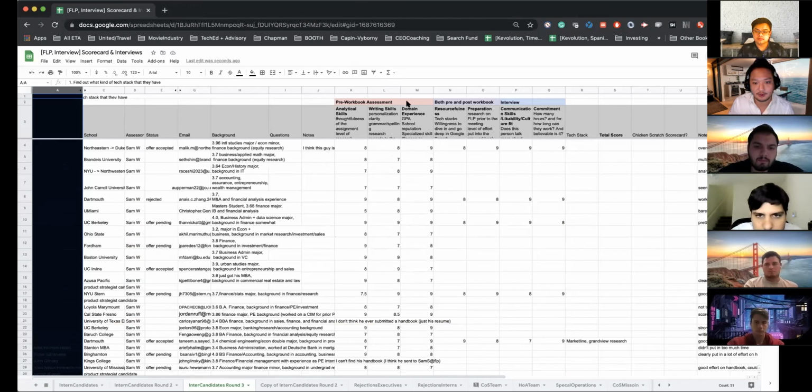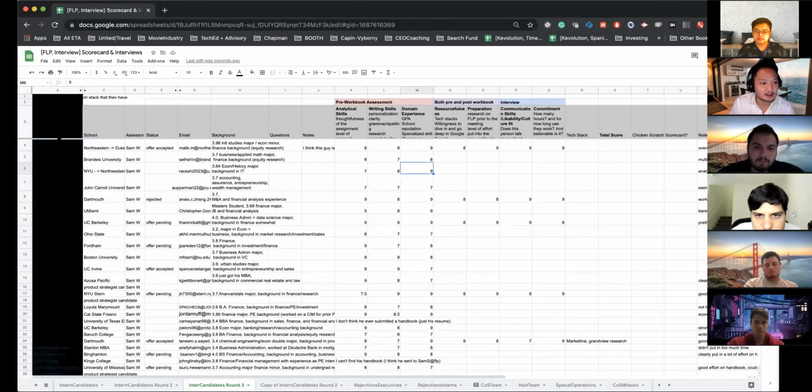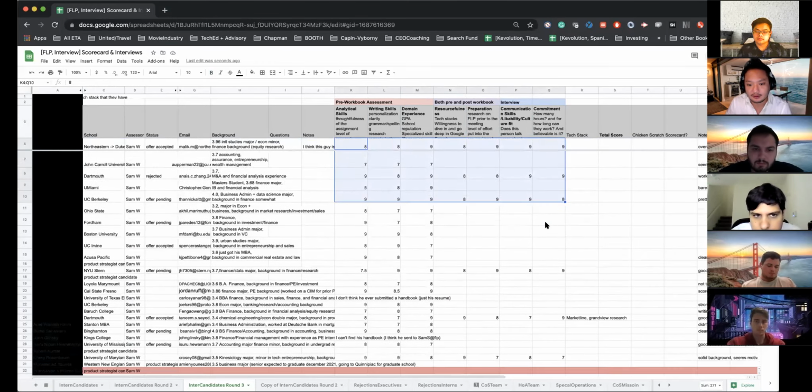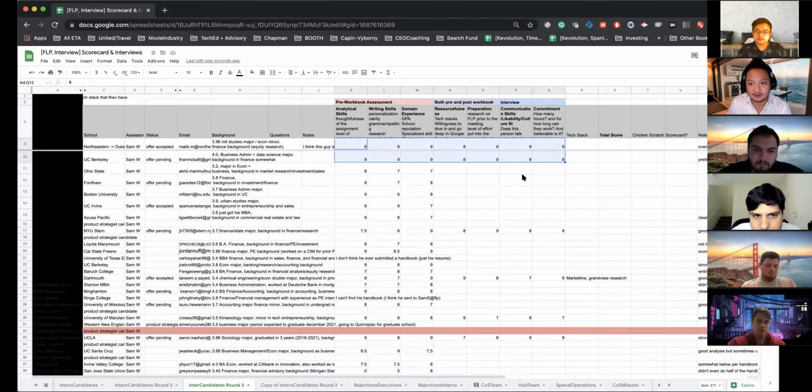They get a pre-workbook assessment, and they have certain skills that we look for: analytical skills, writing skills, domain experience, resourcefulness, preparation, interview, and commitment. All of them are required to give us a particular score.